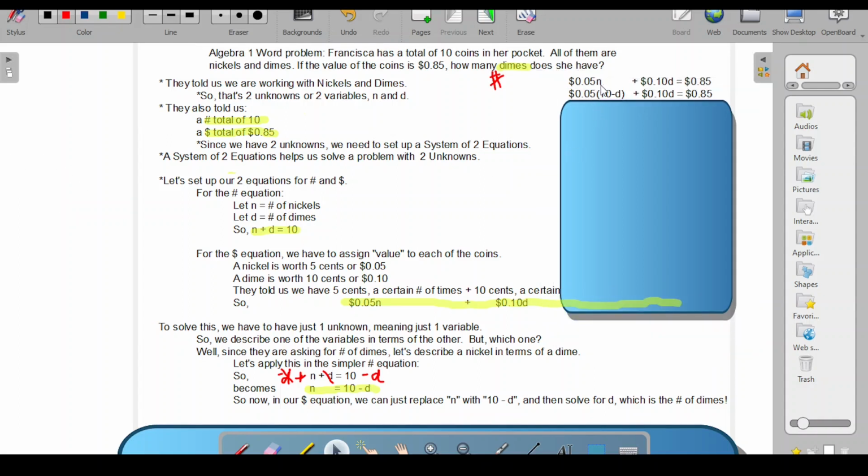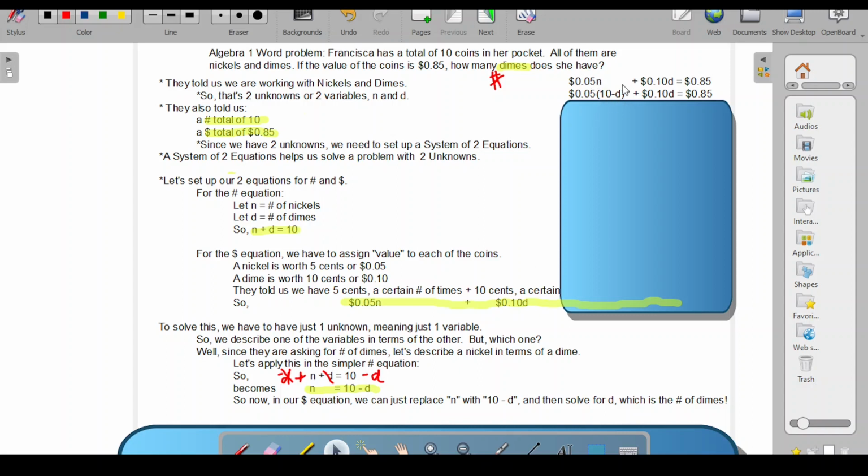Now here's where we're going to substitute. Anywhere we see n, we're going to put in 10 minus d. So here's an n. I'm just plopping 10 minus d in for n.